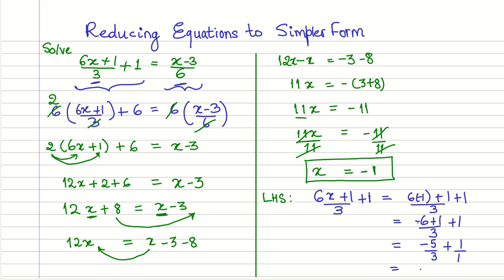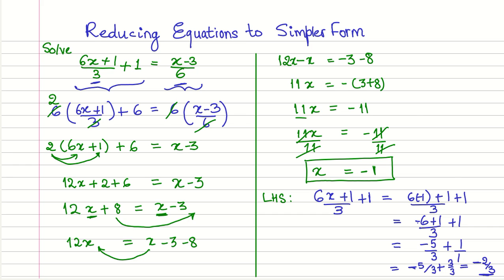So we multiply by 3 to get -5/3 + 3/3, which is (-5 + 3)/3 = -2/3. That is what the left hand side evaluates to.